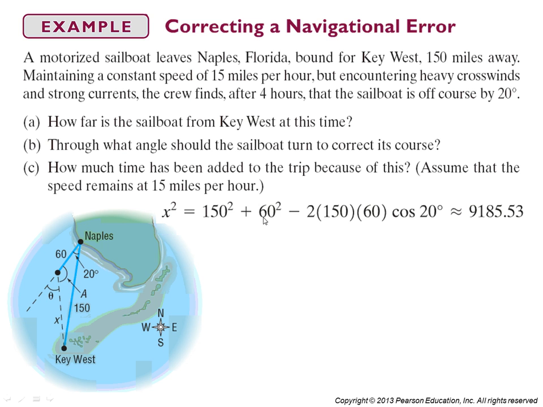It's 150 squared plus 60 squared minus 2 times 150 times 60 times cosine of 20, because 20 is that included angle. When we chug that into our calculator, that's 9,185.53.